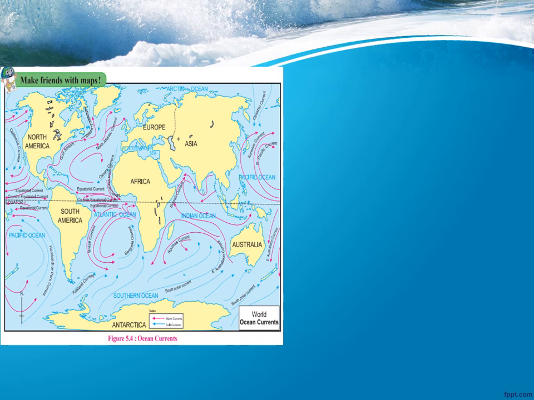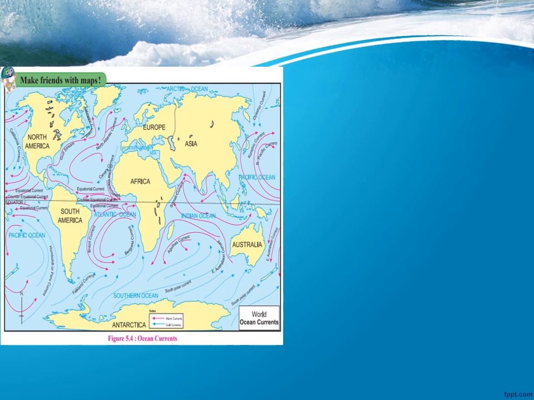The discharge of water in the oceans is measured in Sverdrup unit. It is equivalent to 1 million cubic meter per second discharge.